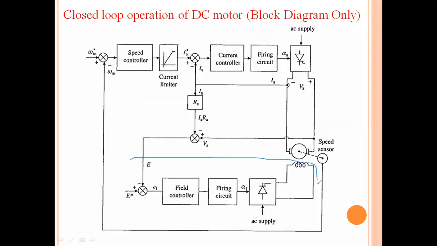See, this is the field weakening circuit or field circuit. This field weakening circuit is very helpful to raise the motor speed above the base speed, meaning above the rated speed.